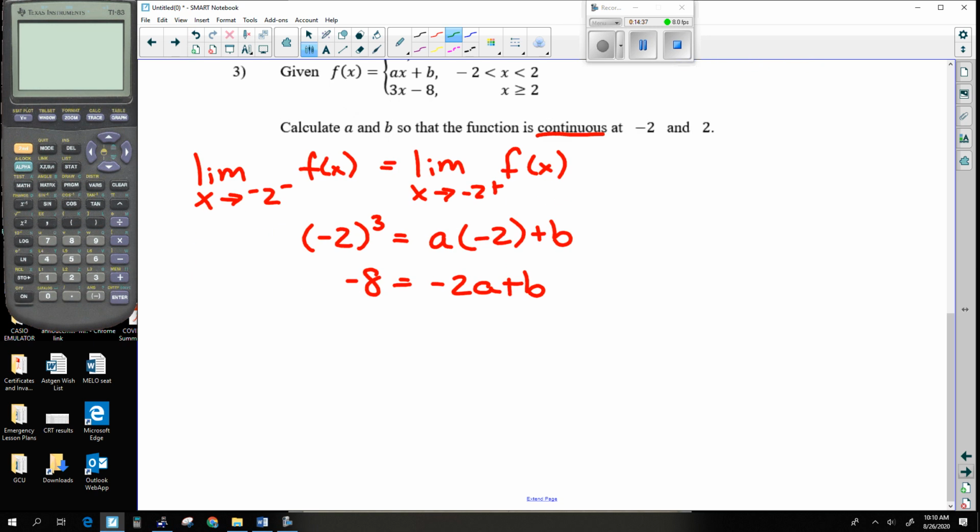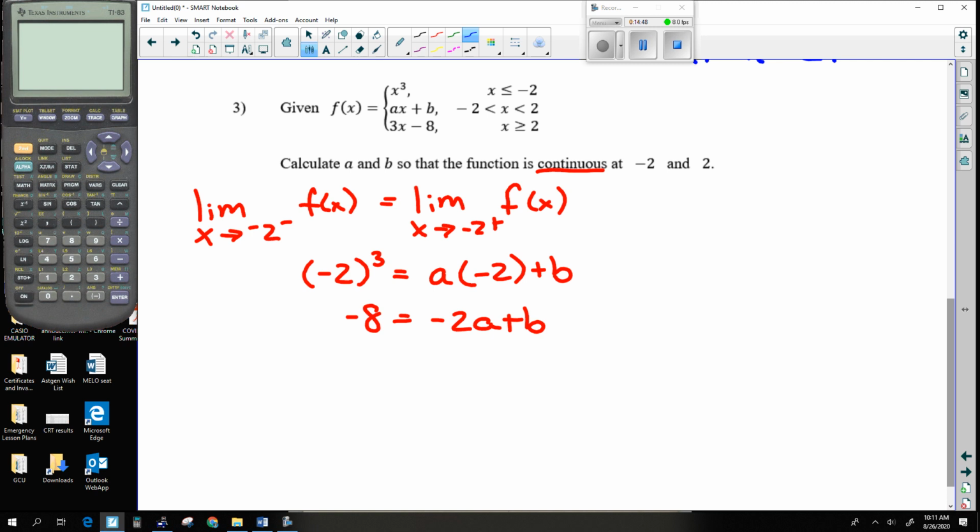So I just said limit left and limit right hold at negative 2. Also, it will hold at positive 2, because it's negative 2 and positive 2. So this is saying that the limit as x goes to 2 from the negative is going to be equal to the limit as x goes to 2 from the positive, right?